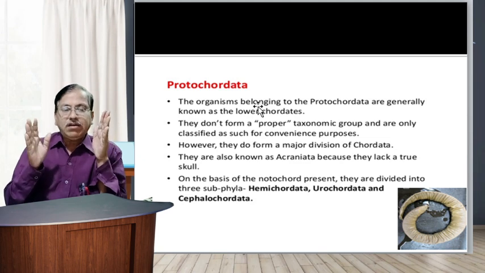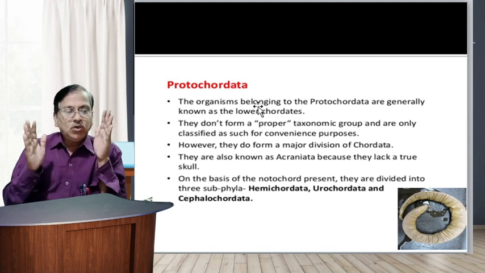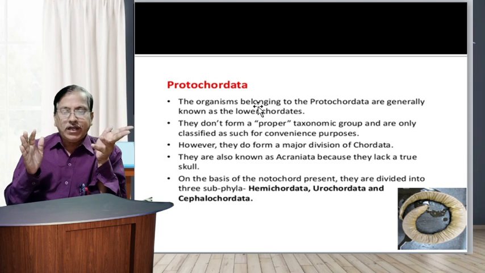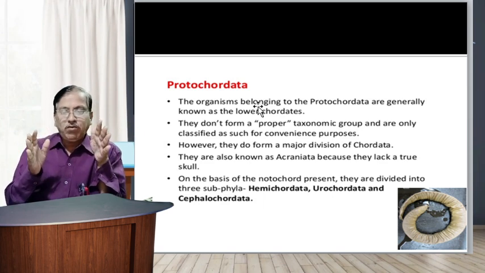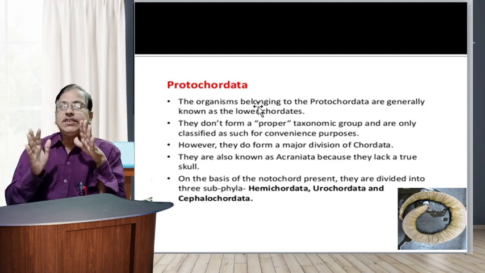It was created by Balfour in 1880. The name of the phylum is derived from two Greek words, chorde meaning a string or cord, and ata meaning bearing. So chordates are simply cord-bearing animals. All the chordates possess three outstanding unique characteristics at some stage in their life history.